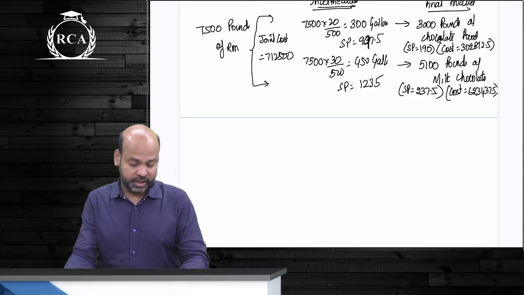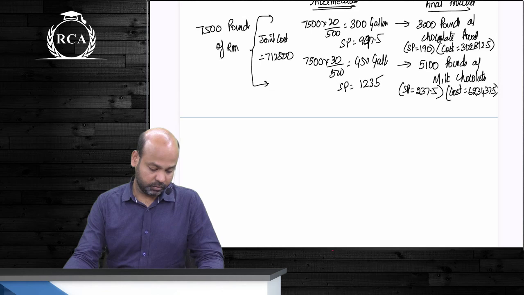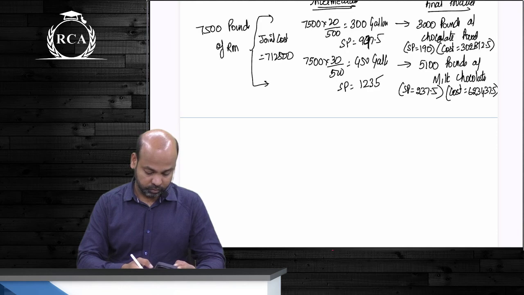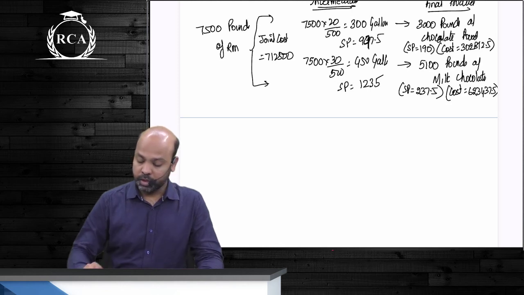Start allocating joint cost, guys. Can you all allocate joint cost, guys?